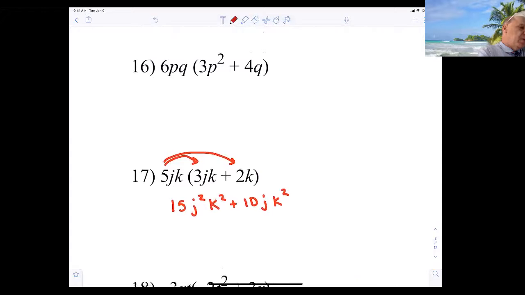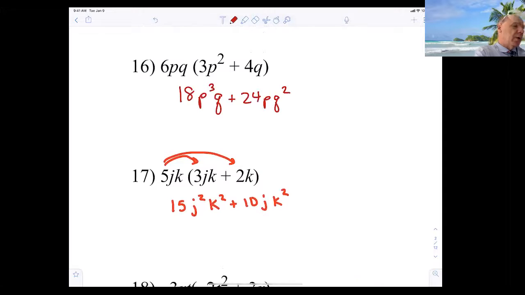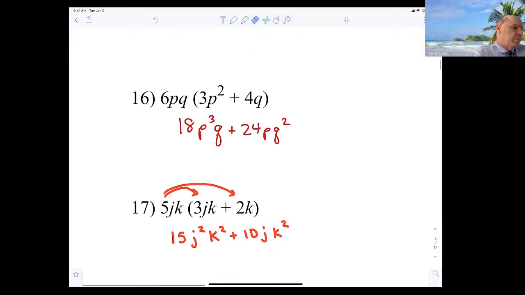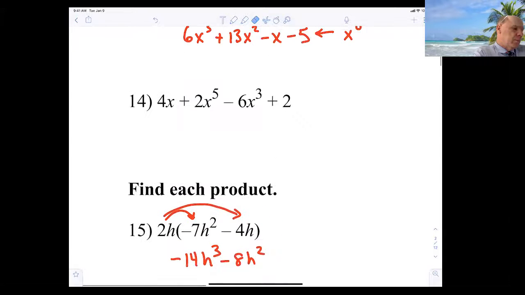Distributing 6PQ, 18 P cubed Q plus 24PQ squared. Standard form.